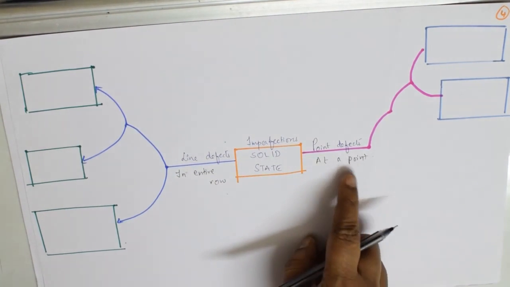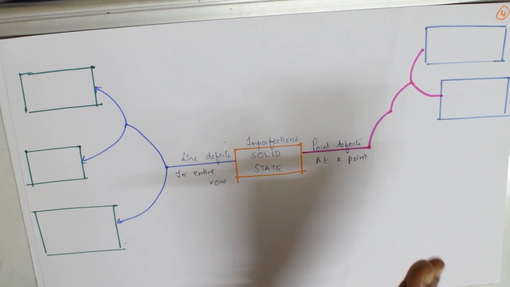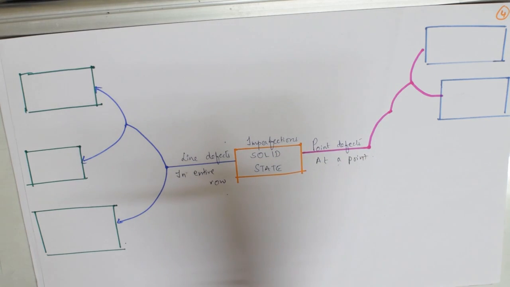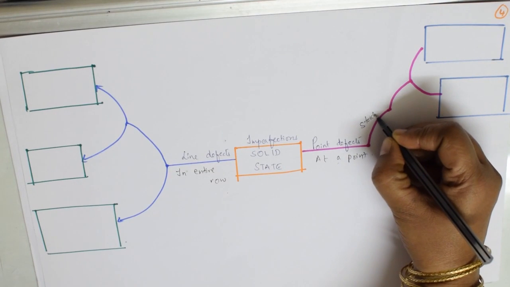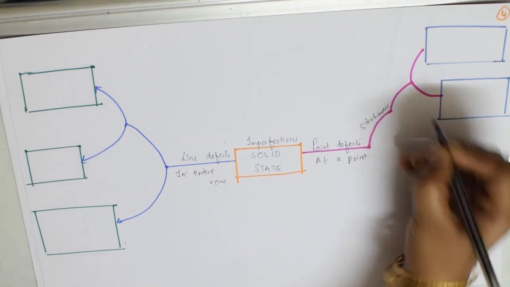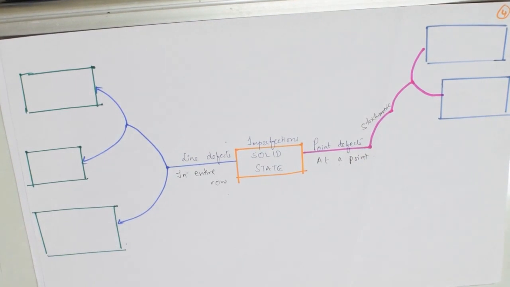Point defects are further classified; they are also called stoichiometric defects. Stoichiometric defects may or may not disturb, both are there. So we'll speak in terms of stoichiometry, the exact ratio.